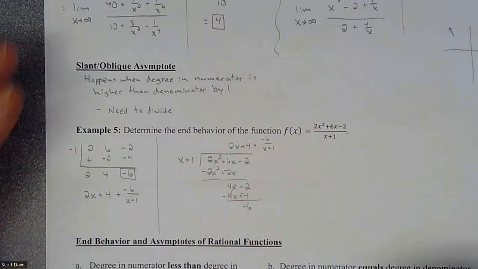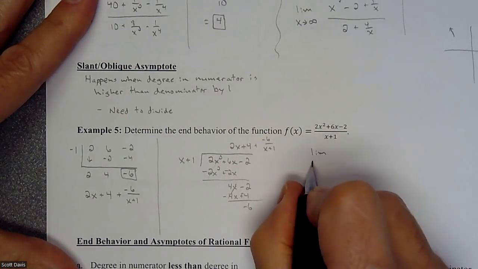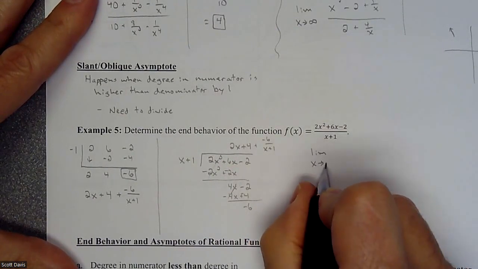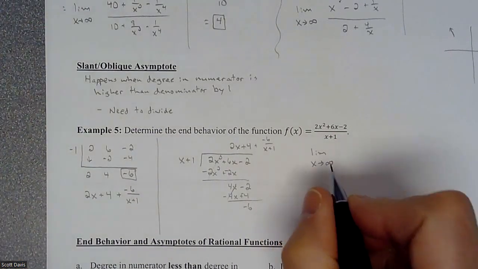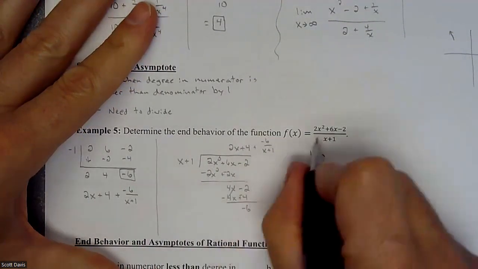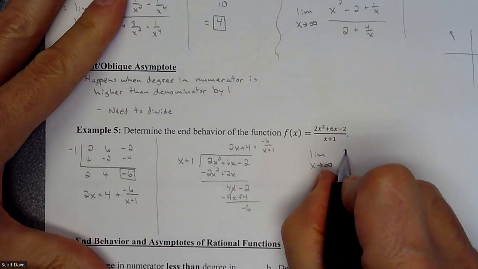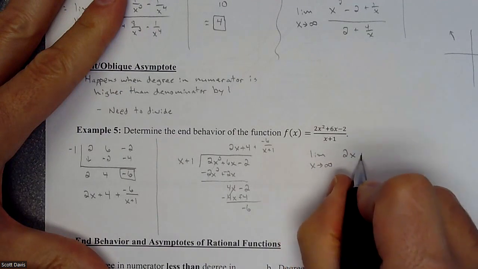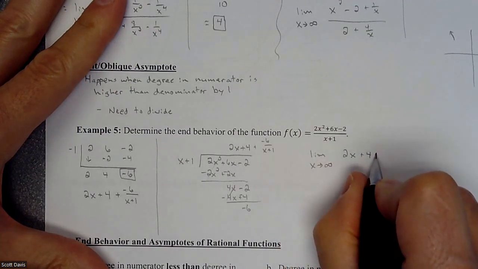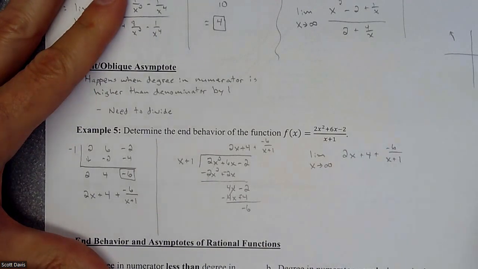All right, so when we take this and we're doing the limit, let's say we're just doing the positive side, the limit as x approaches positive infinity. We manipulated it into this, so this becomes 2x plus 4 plus a -6 over x plus 1.